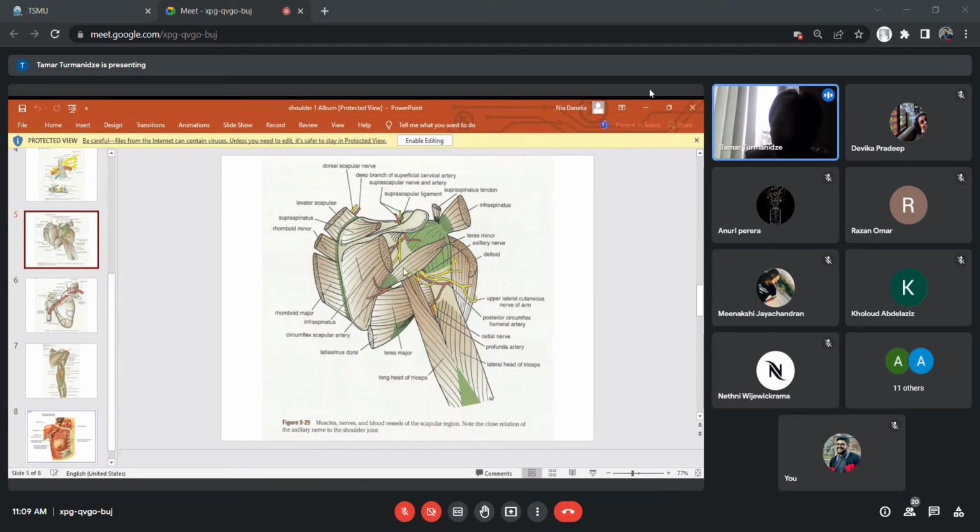The triangular space is bounded superiorly by the teres minor muscle, inferiorly by the teres major muscle, and laterally by the long head of the triceps muscle. The quadrangular space is this space.